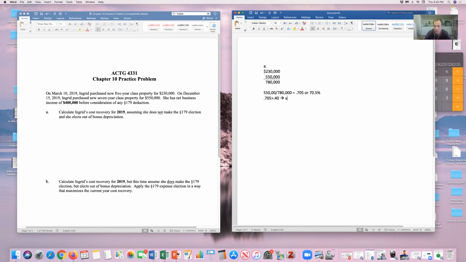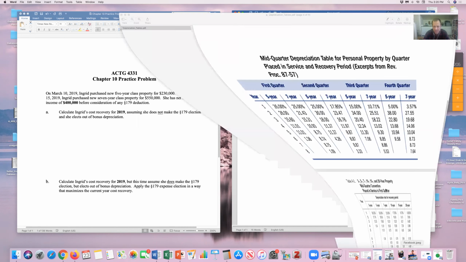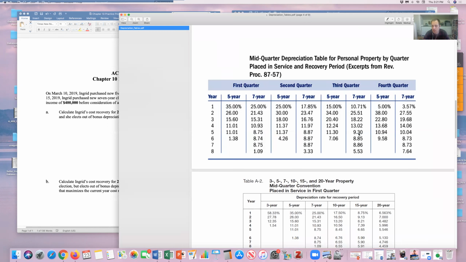That means we have to use the mid-quarter convention for these assets, because more than 40% was placed in service in the fourth quarter. That's the hard part of this problem, the trickiest thing that could happen when I'm just using the regular MACRS depreciation: deciding whether or not I have to use the mid-quarter convention. My default is half year. That fourth quarter property was enough to trigger the mid-quarter convention.